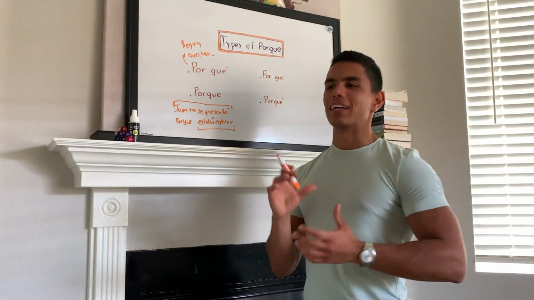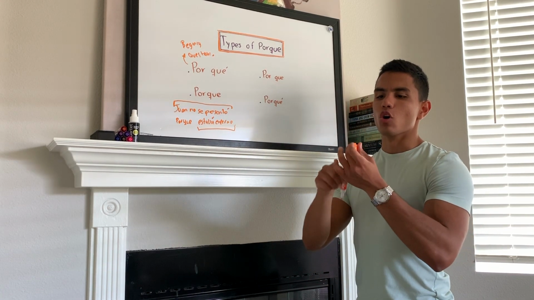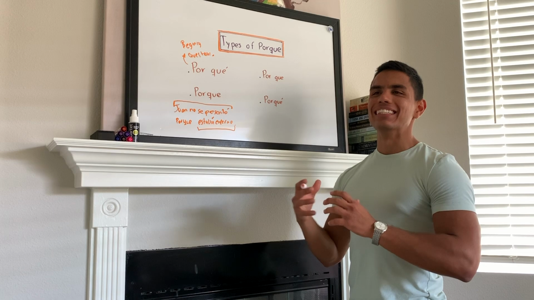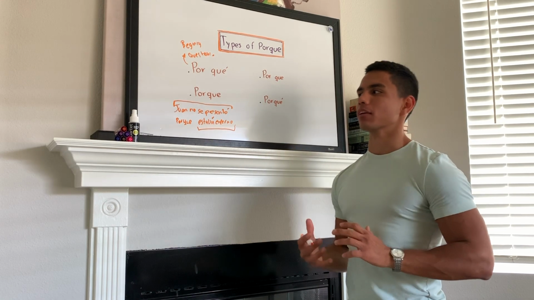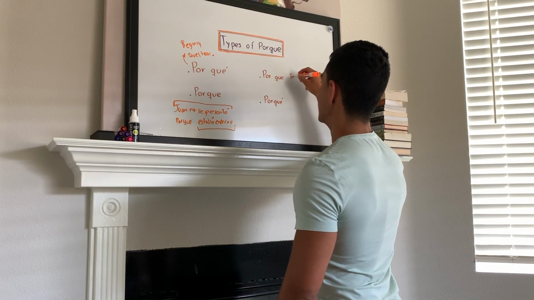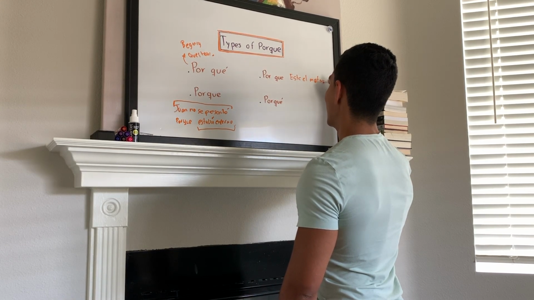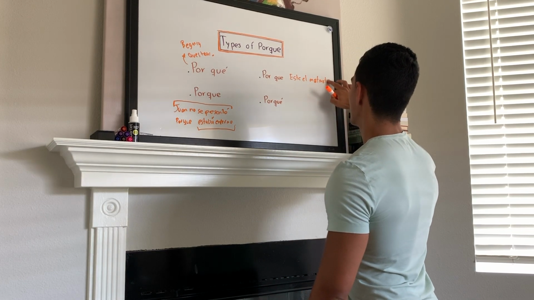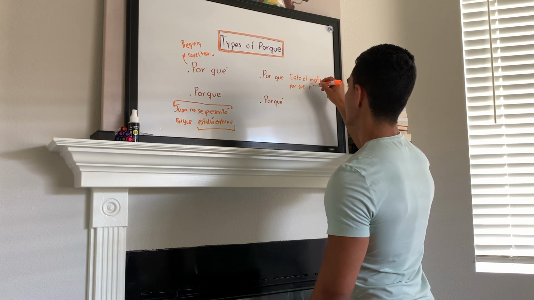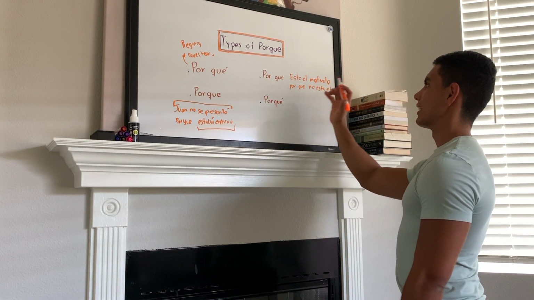Okay guys, so the next porque is gonna be used every single time that you're trying to explain why not, or the reason why you didn't do something. So for example, este es el motivo por qué no está él.